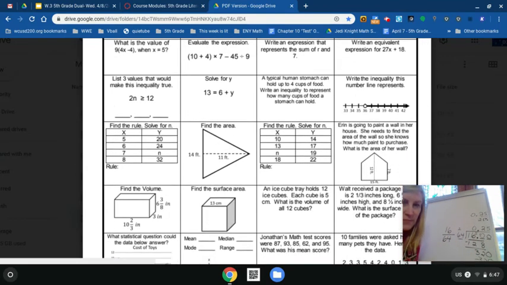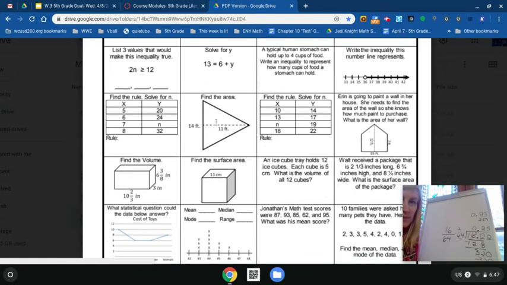And then the other ones I'll just talk you through. Find the area of the triangle. Remember, to find the area, you want to do the base times the height, and that triangle is just on its side. So the height is given to you, which is nice. It was just given to you in that dotted line, which is 11 feet.